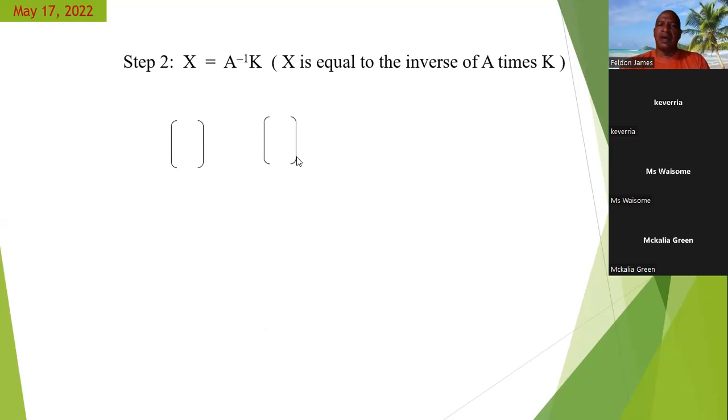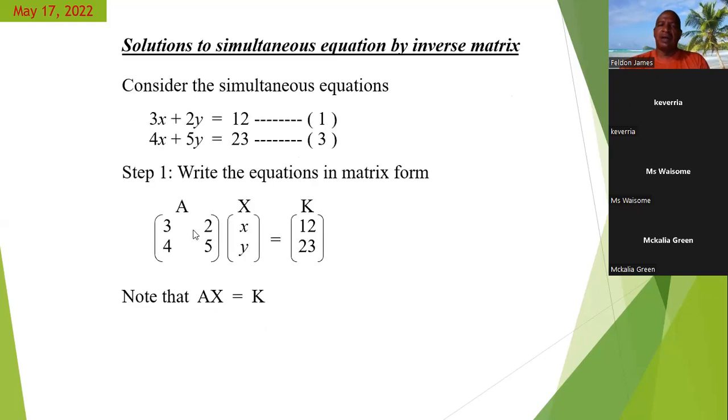Now, what we have to do is use what we know about A here to find A inverse. So can somebody help me now to find what A inverse is? A inverse would be equal to what? 1 over the determinant.